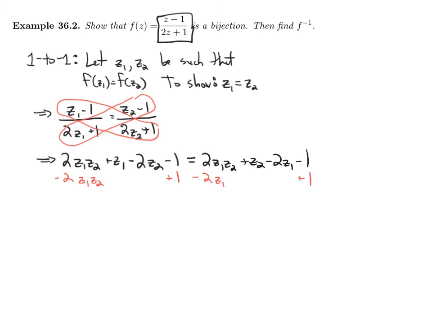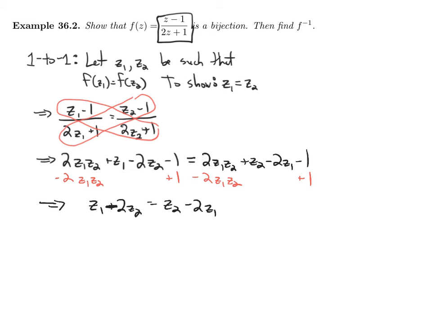So let's subtract 2z1z2 and add 1 to both sides. That's the obvious thing. We'll clean it up a little more in a bit. So this simplifies to z1 minus 2z2 equals z2 minus 2z1.